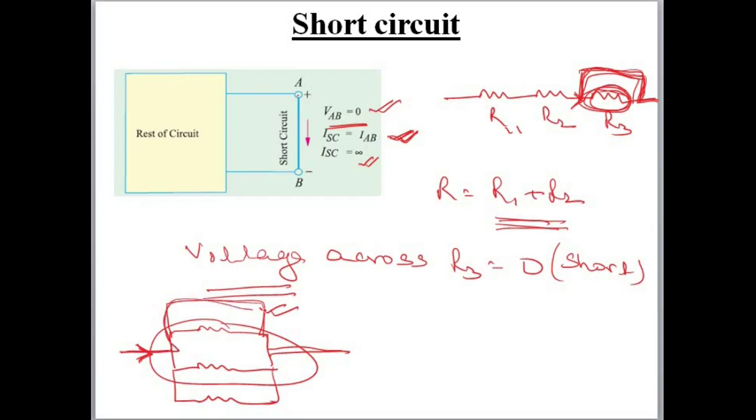No current will flow through this, no current through this, no current through this. Total current will flow through this short circuit. That is what happens if parallel resistors are shorted, and that was the condition when series resistors are shorted.